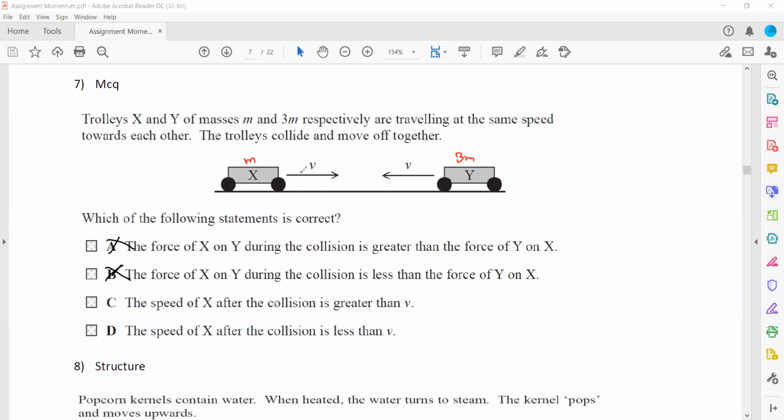So according to conservation of momentum, the total momentum before collision should be equal to the total momentum after collision. As I mentioned, they collide and move off together. So we can say the sum of the momentum before is equal to the momentum after collision.